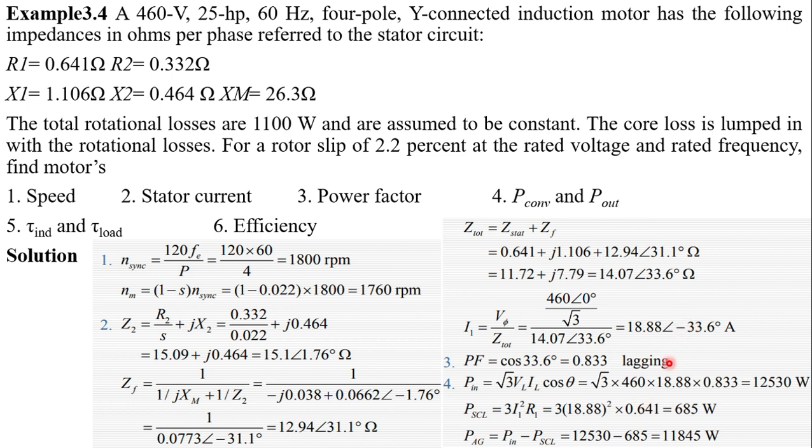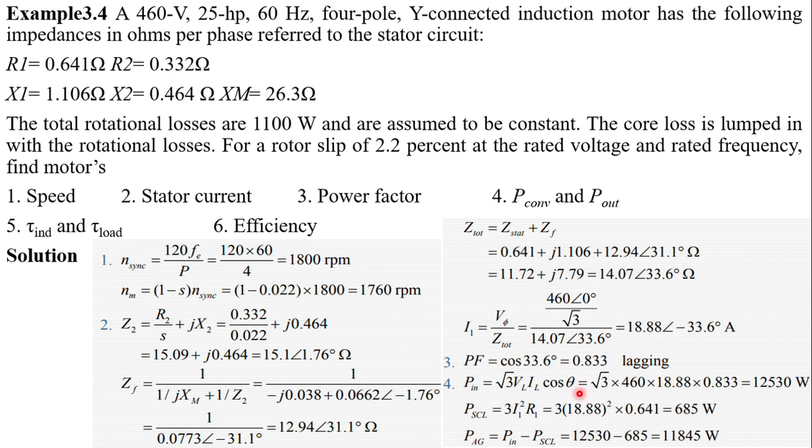Now to calculate the converted power and output power, we have to calculate the input power and stator copper loss. So the input power is simply calculated as square root of 3 times line voltage times line current cosine of theta. So this value is the input power calculated.